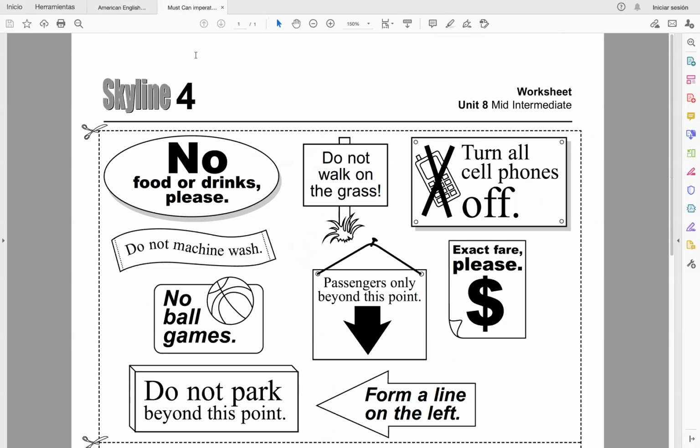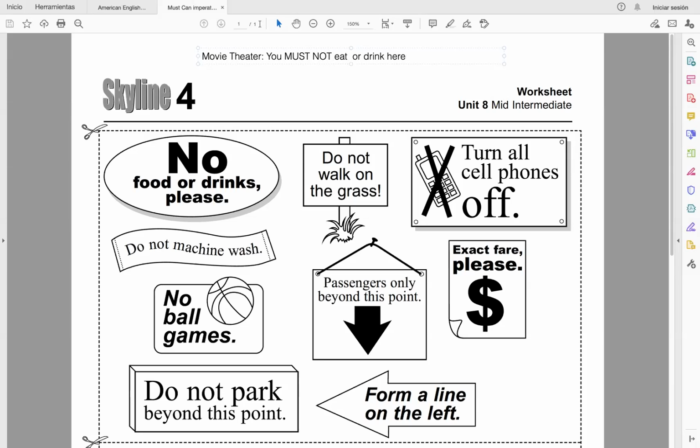So the first one, you say it's the cinema or the movie theater, right? And that could be, I'm gonna put it in big, you must not eat or drink here.